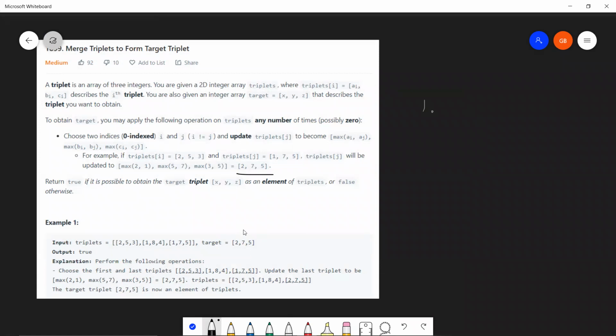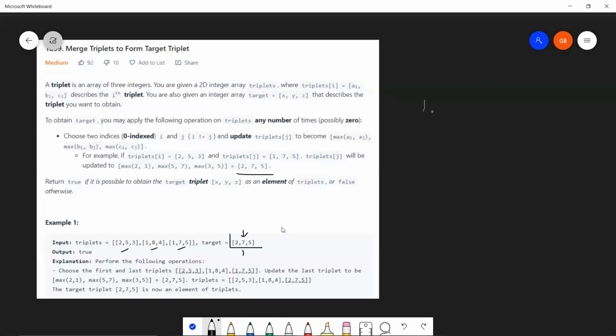So if you look at this target, you'll see that index 1 has 7. Now, if our operation is to take the max between some ith and jth triplet, this means that for any triplet that I choose, whether it be this one or this one, the value at index 1 should never exceed 7.